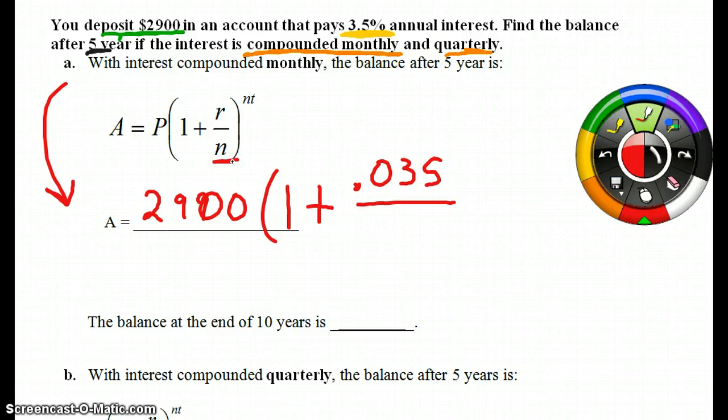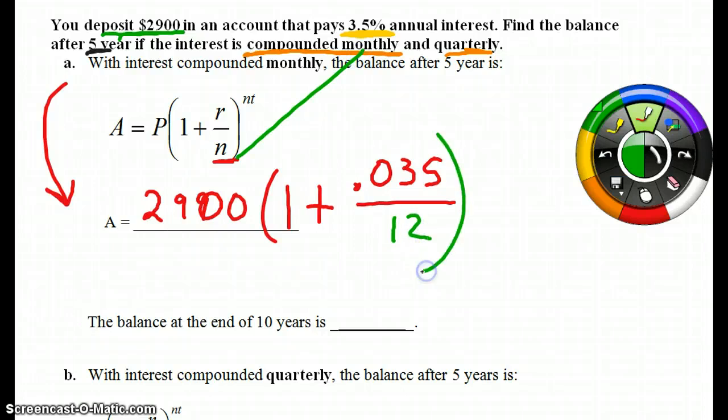N, let's look back, N is the number of times that we compound. So if we're compounding monthly, this would be a 12. And then all raised to the n times t. So n is 12, 5 years is what we're saving for, so we're actually going to raise this to the 60th power.